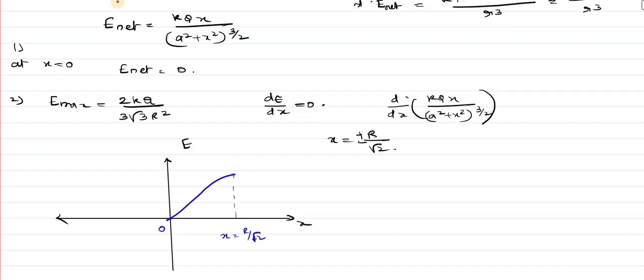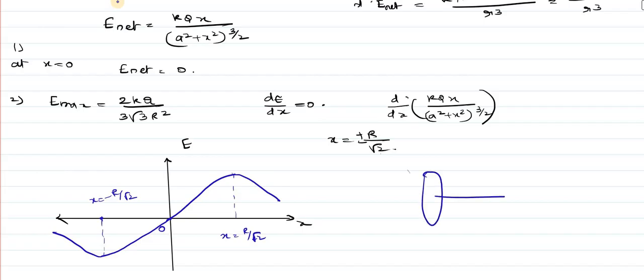Then it decreases, okay? Similarly, on this side, as you go along the negative x-axis, E also increases, and again at x equal to minus r by root 2, it is the maximum value. And then it decreases. Is that clear? This is the graph. For a ring, E is in both ways, right?